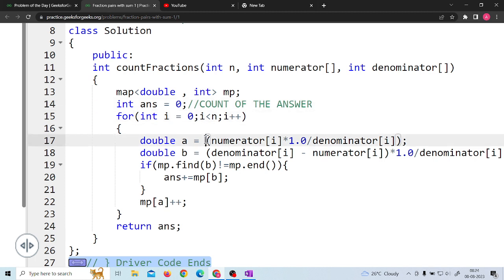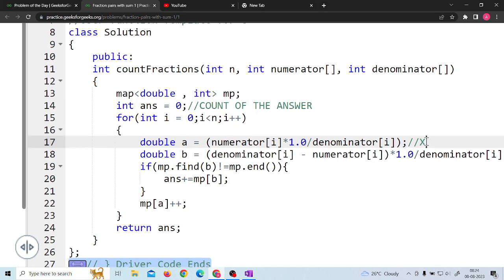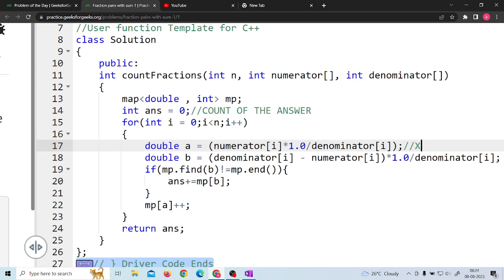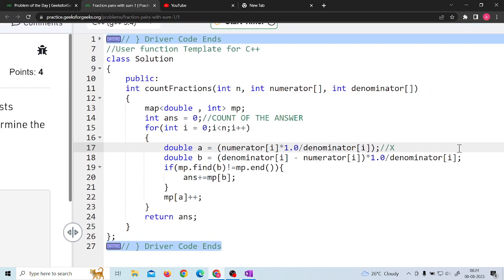In double a, this is nums of numerator of i into 1.0 divided by denominator of i. This is the x value that we have denoted in the question. Now double b is actually the y value that we have used in the problem.